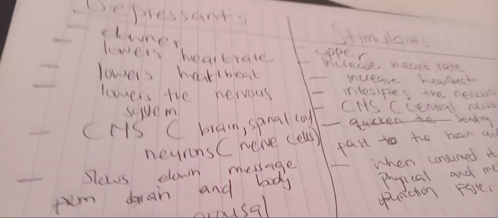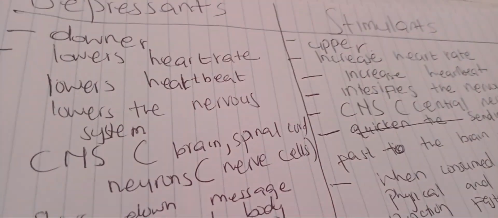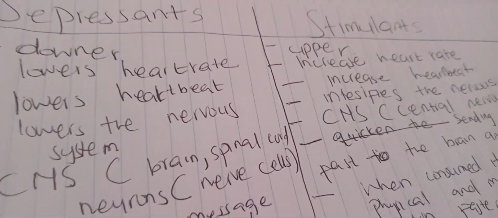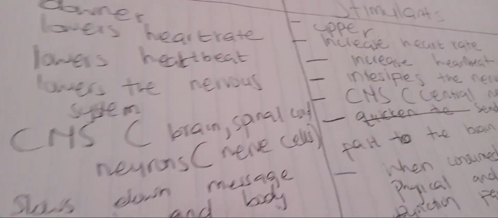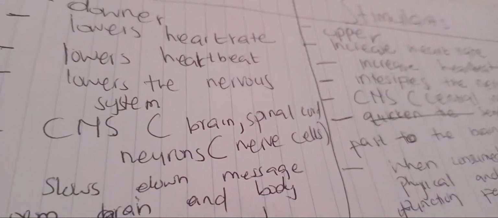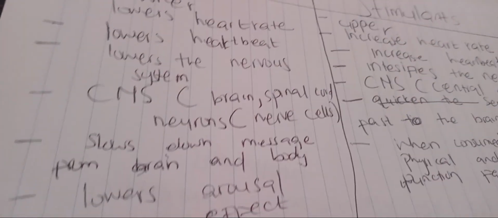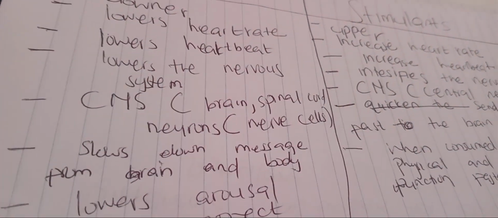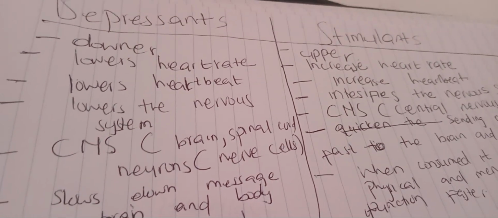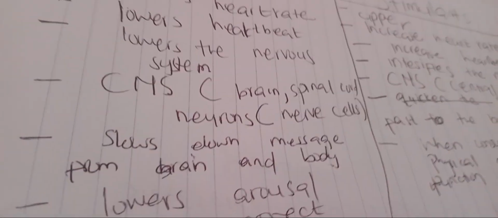With stimulants, you just have energy, you're more alert, you're more awake. With depressants, you're in a more calm state, it slows down the central nervous system, right? It slows down because you're in a more calming state.